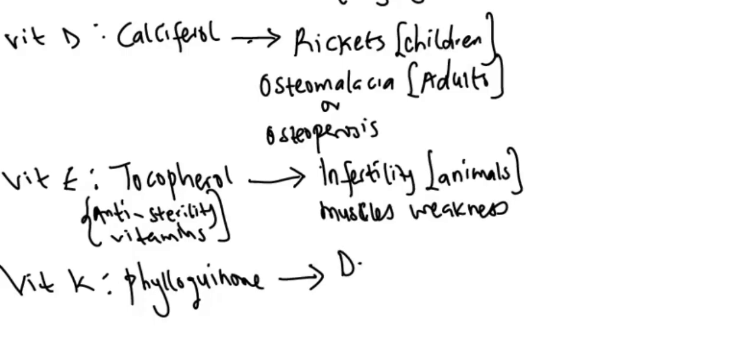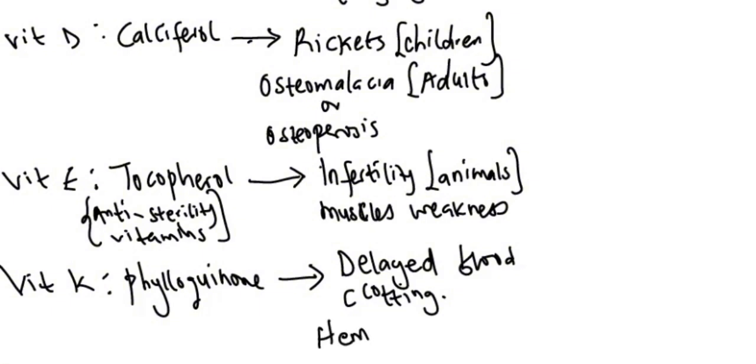Delayed blood clotting. Excessive bleeding. Now remember, inability of the blood to clot is called what now? Hemophilia. Please take note. So that's for the fat soluble vitamins.